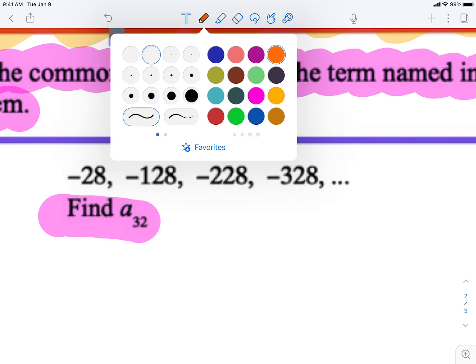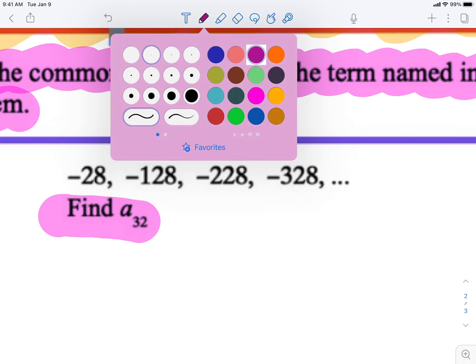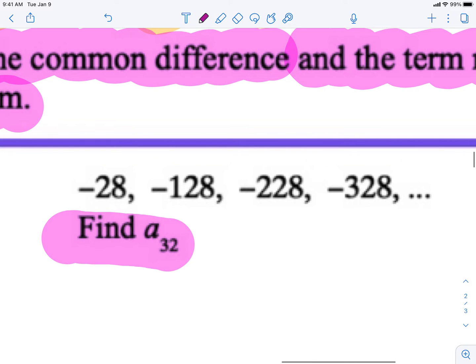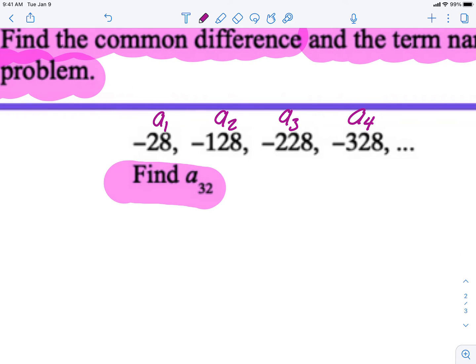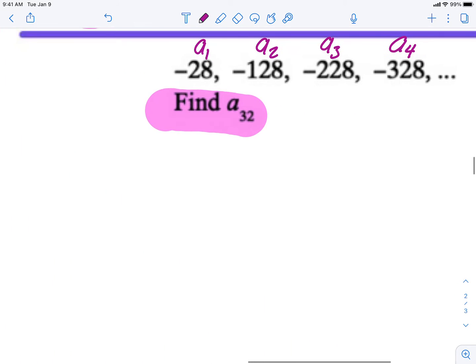So let me identify my terms first. So this is my first term, second term, third term, and it looks like a fourth term. So let's do the easy part first. Let us find the common difference.